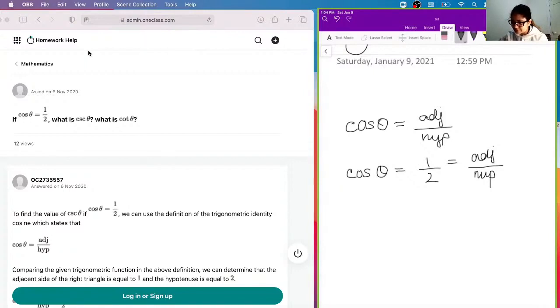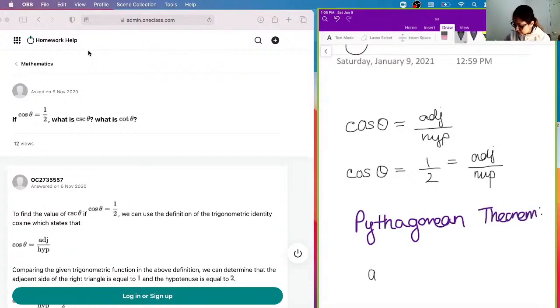We can substitute these into the Pythagorean theorem, which states that a squared plus b squared equals c squared, where c is your hypotenuse.